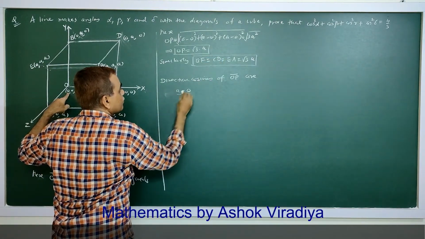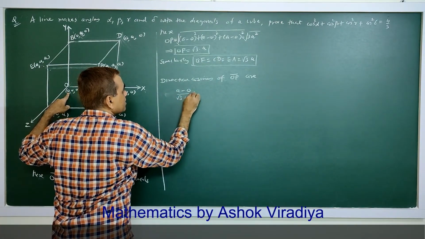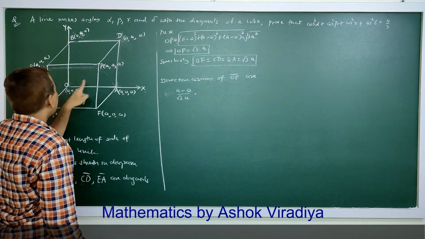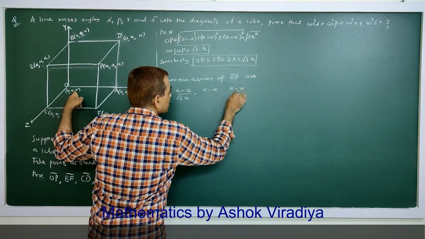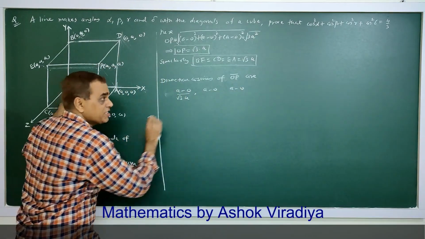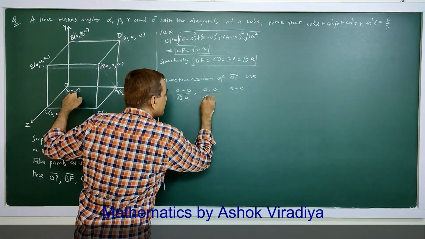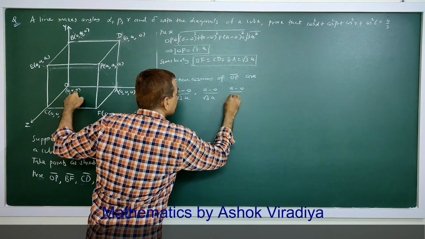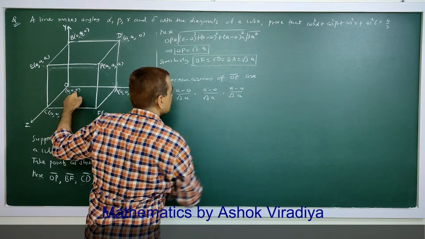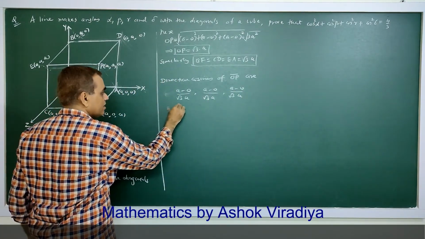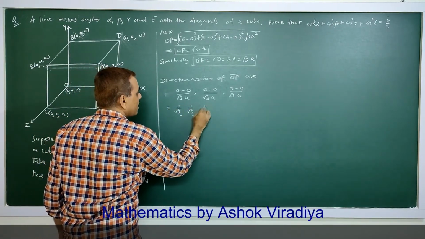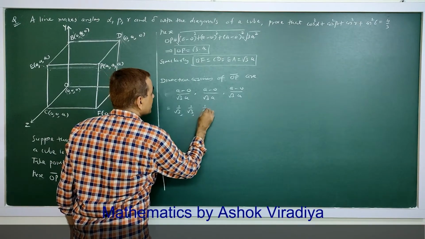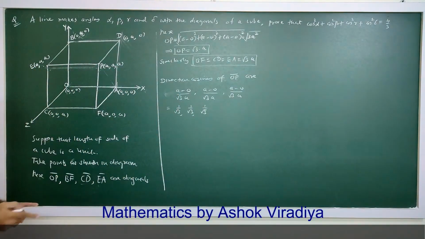What is length? Root 3a, comma a minus 0, a minus 0. These are direction ratios, and if we divide direction ratios by length, it becomes direction cosines. That is 1 by root 3, comma 1 by root 3, comma 1 by root 3. These are direction cosines of OP.